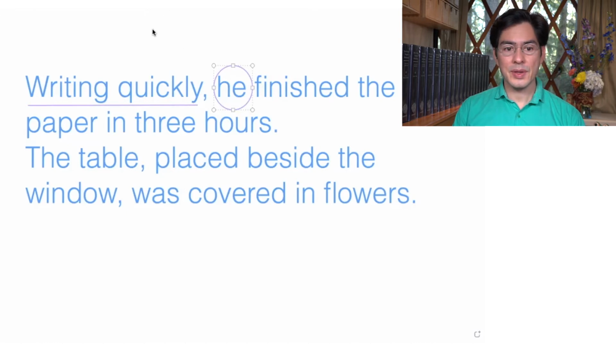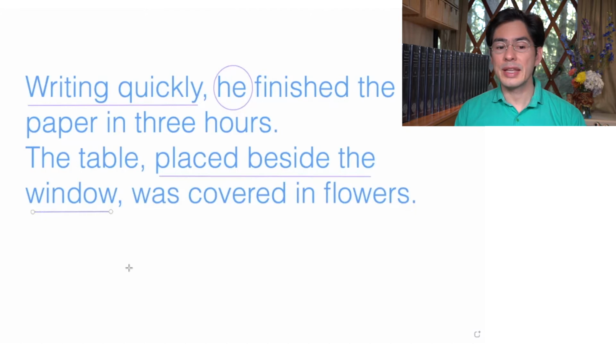Similarly, in this second sentence, the table placed beside the window was covered in flowers. Here we have a longer participle phrase, placed beside the window. Placed is the past participle of the verb place, and it's here combined with the prepositional phrase beside the window.